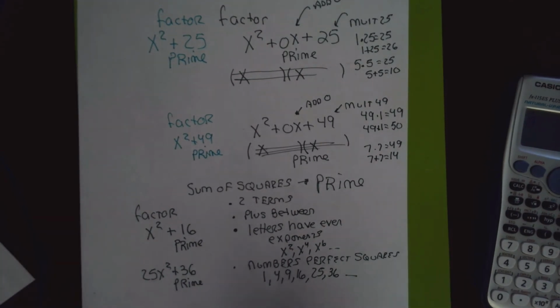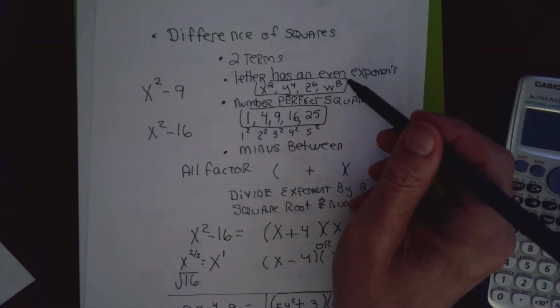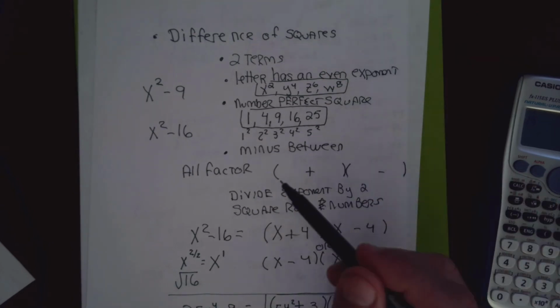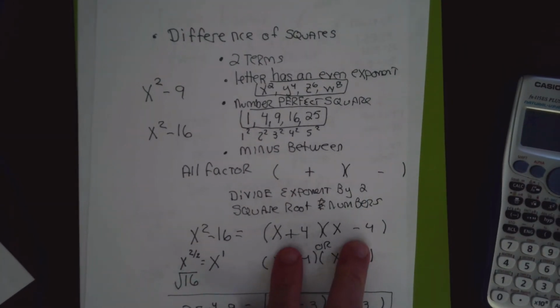So every problem in this section is either a difference of squares that has two terms, letters with even exponents, numbers perfect squares, minus between, and all difference of squares factor. They actually factor into conjugate pairs. They get two identical parentheses with opposite signs.